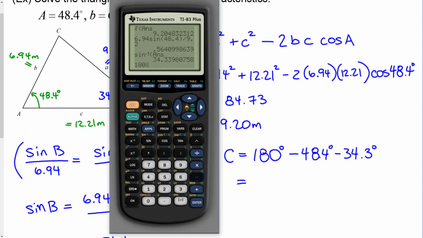So 180 minus 48.4 minus 34.3, so 97.3 degrees. So this last angle measure is 97.3 degrees.